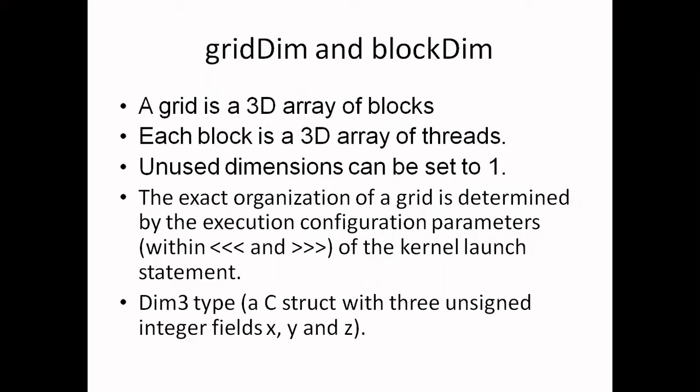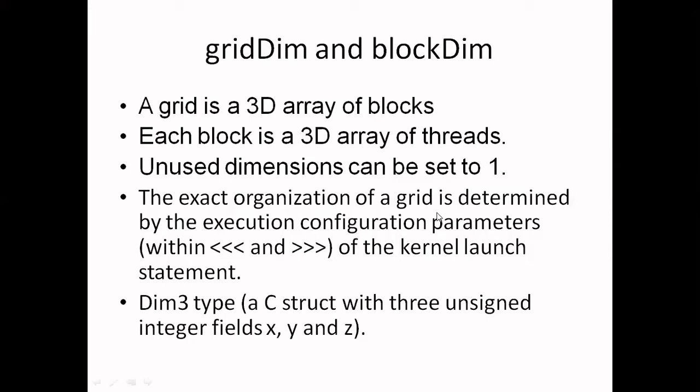While specifying this organization, the grid structure, we can set the unused dimension to 1. For example, if you want to launch only 2 blocks, you can write 2, 1, 1. This 2 will be treated as the x dimension, and 1 and 1 will be treated as the y and z dimensions.